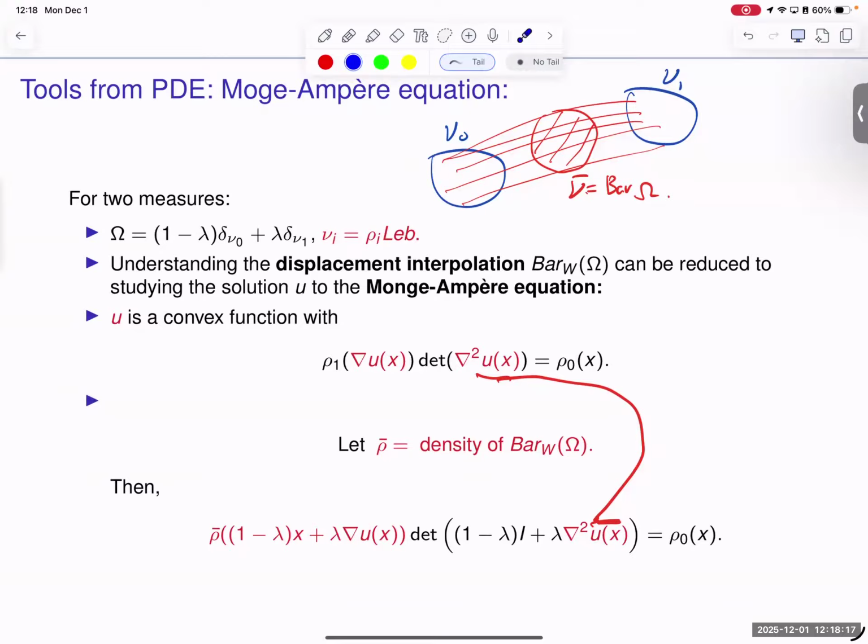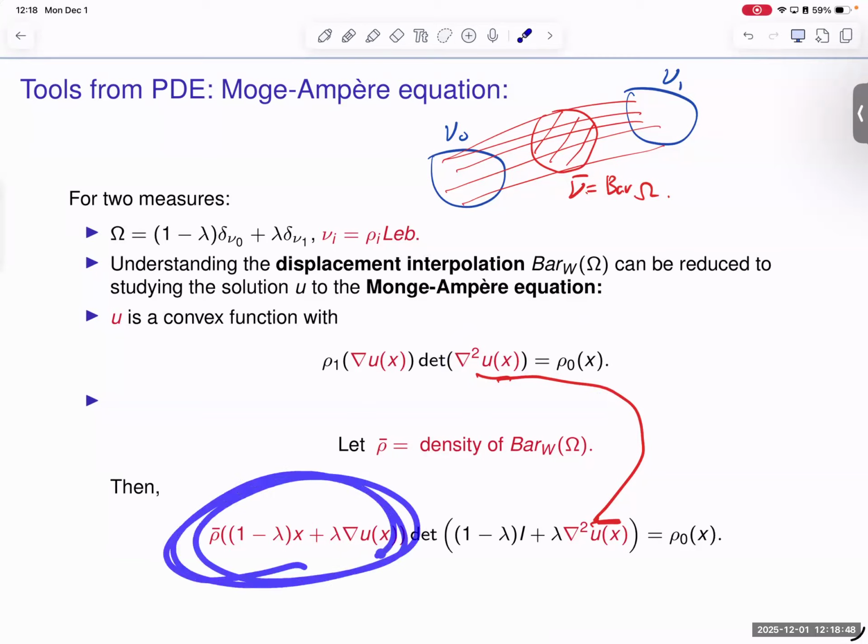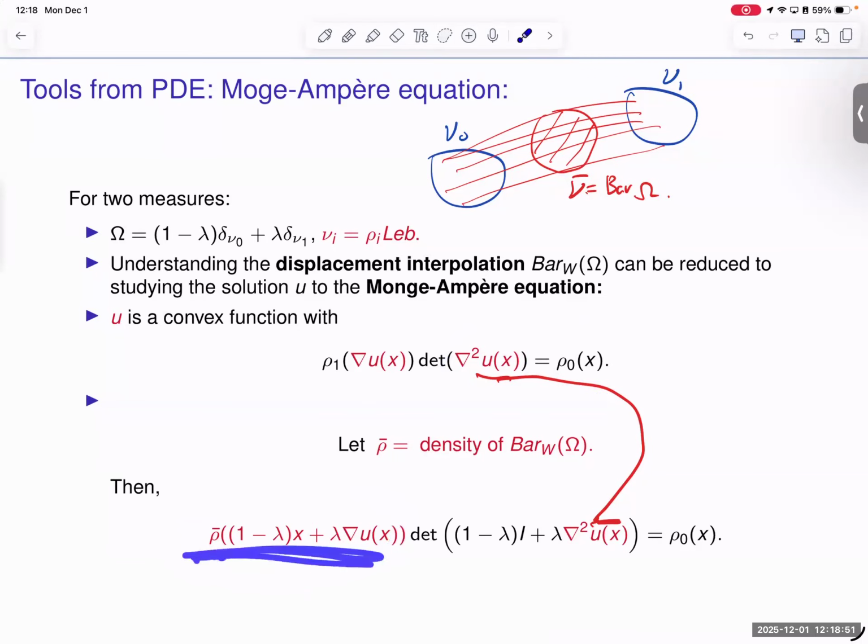And what we know is that if rho 0 and rho 1 are very nice and good, then this u is very nice and good; it's smooth and regular. That is the regularity theory of the Monge-Ampère equation. If the data is very nice, then the corresponding solution, in this case u, is very nice, like smooth. Then you can use that information here to derive information about this rho bar.